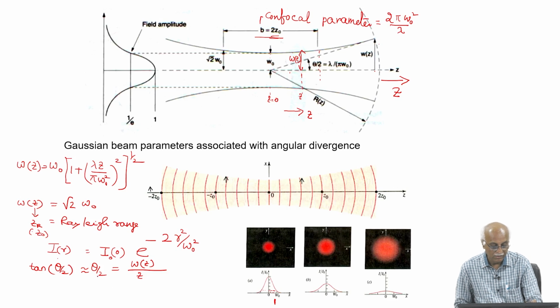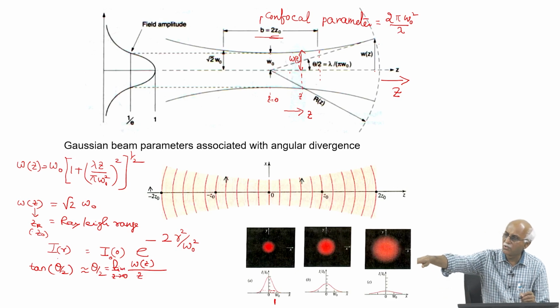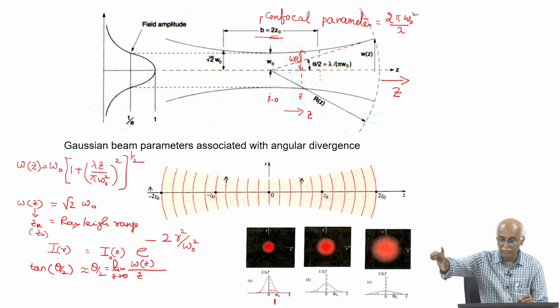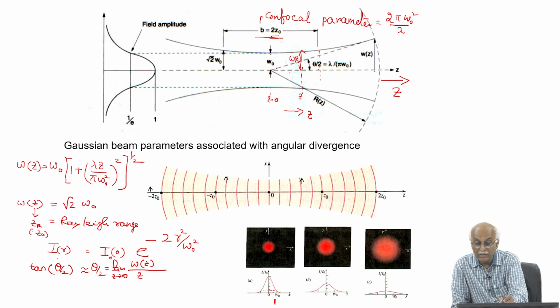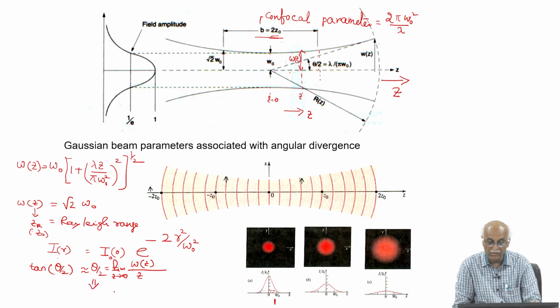And then this theta can be estimated in the limit z tends to infinity, to a very large distance. We are approximately finding the divergence by approximating it to be linearly increasing. So limit z tends to infinity w of z by z, and from this we can derive the divergence angle.